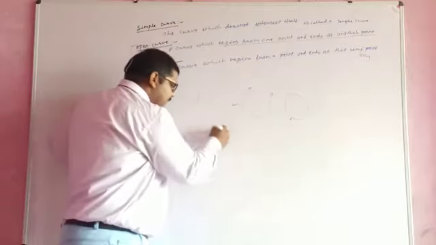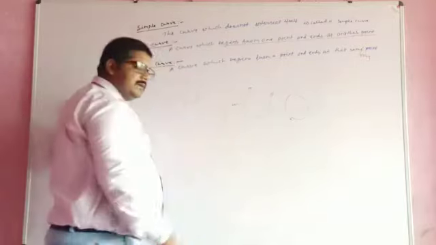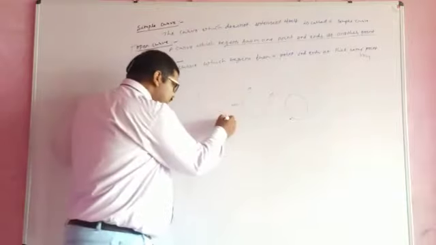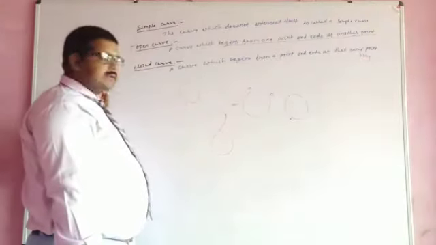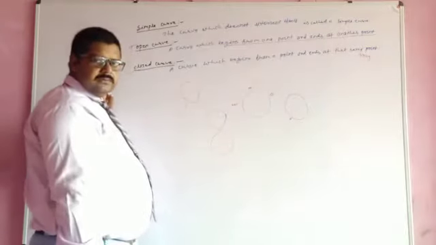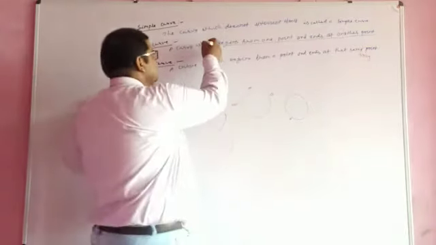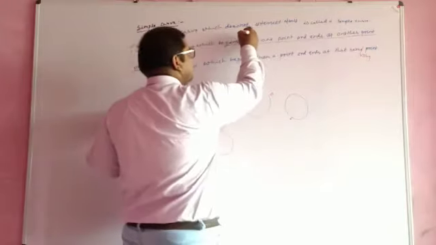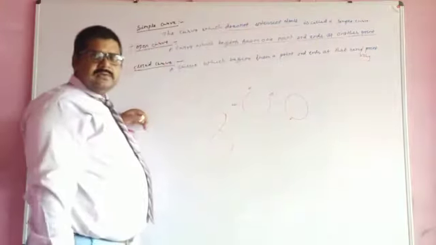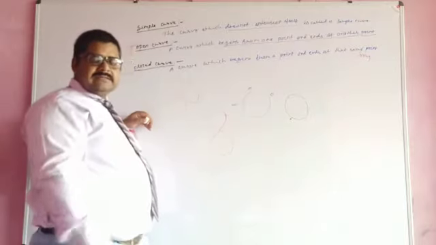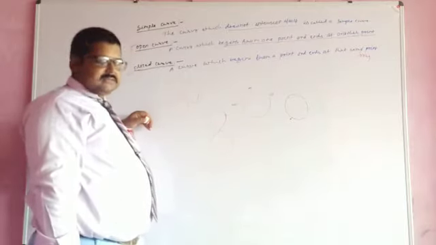When you write a figure like 8, it is also a curve. What is the meaning of a simple curve? The simple curve definition says that it is a curve which does not intersect itself. What does it mean?